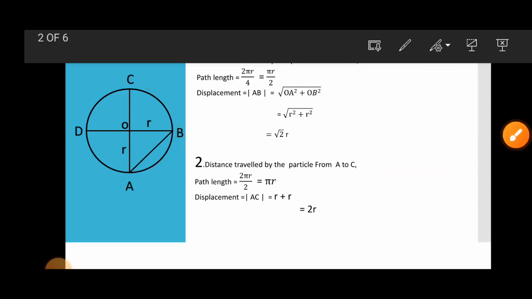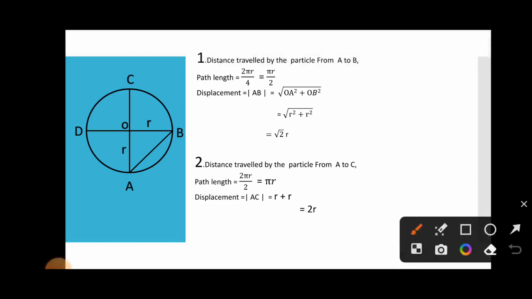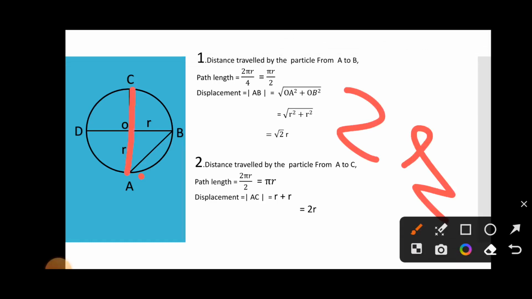And for the displacement, magnitude AC is equal to r plus r, which gives 2r, where AC is a diameter of the circle.